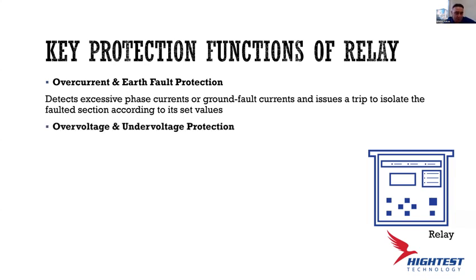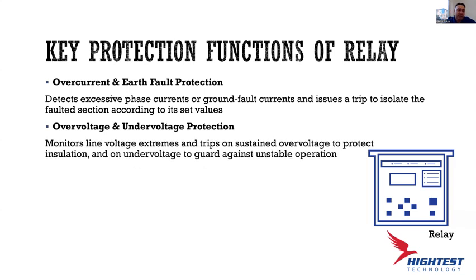Overvoltage and undervoltage protection. Again, the relay monitors line voltage extremes and trips on sustained overvoltage to protect insulation, and on undervoltage to guard against unstable operation.